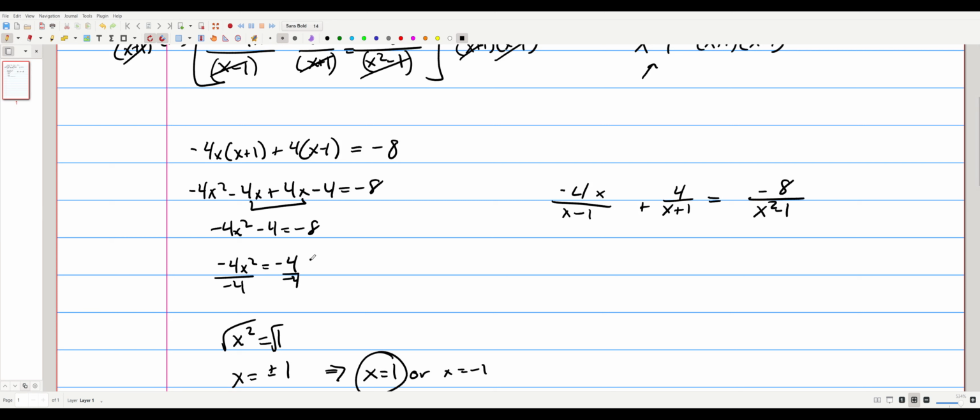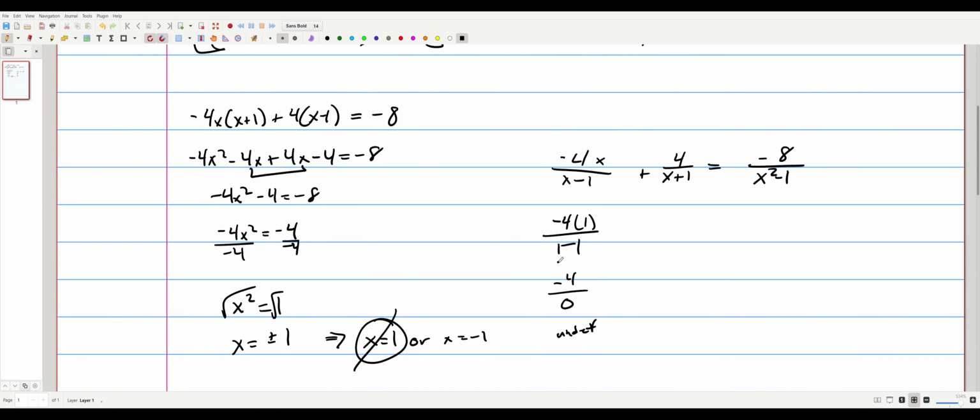Well, if x is equal to 1, that means we have negative 4x over 1 minus 1. And so that is going to be negative 4. Oh, this should be a 1 as well. So negative 4 over 0. And that's undefined. So that means this solution doesn't work.